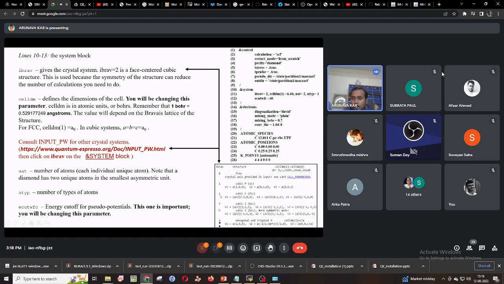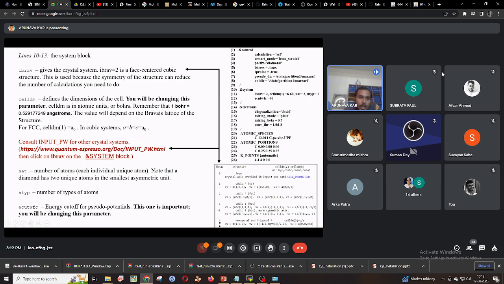If you use 2, then it's a face-centered cubic structure. If you give ibrav equal to 3, then you are giving a BCC structure. If it is 4, then it's a hexagonal and trigonal system. And according to this, for a hexagonal system, you need to give the C by A ratio.